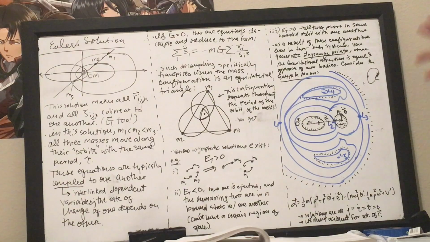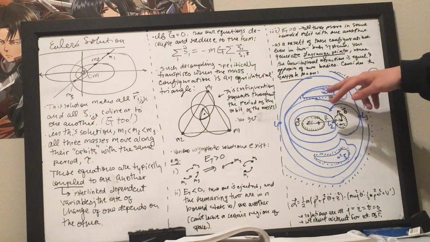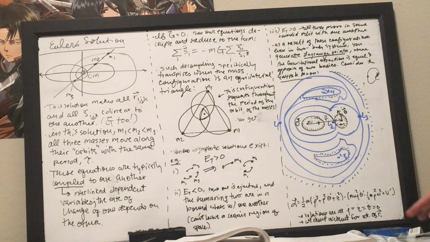Instead, we get these really crazy chaotic systems that are hinging on not only just the initial configuration of the system itself, but also we have to bend the rules in order to get some sort of generalized function, like saying that certain points of our configuration have decoupling transpire, or we have to account for areas in which our equipotentials are effectively zero, and you have all of these extra variables that prevent us from getting a single generalized solution, and more importantly, from getting a set of totally coupled differential equations.